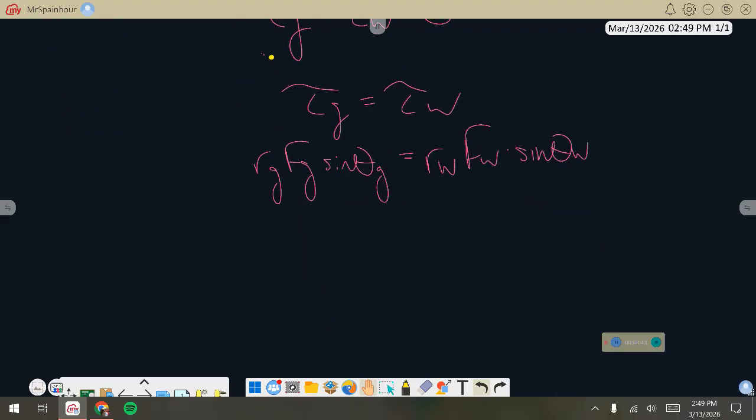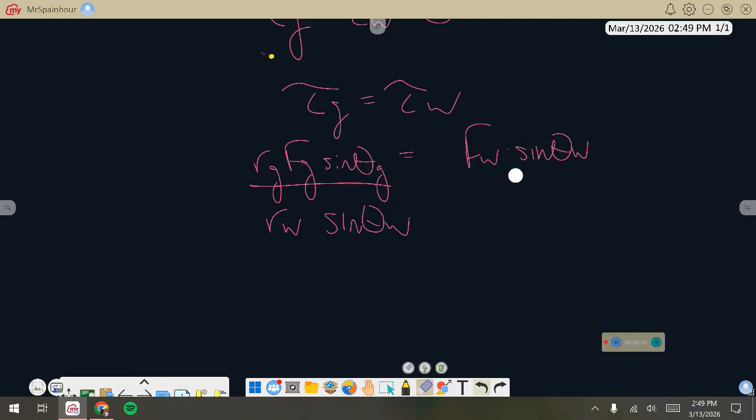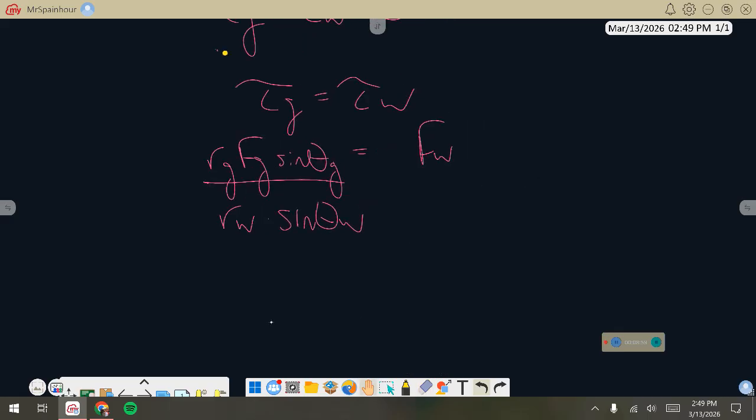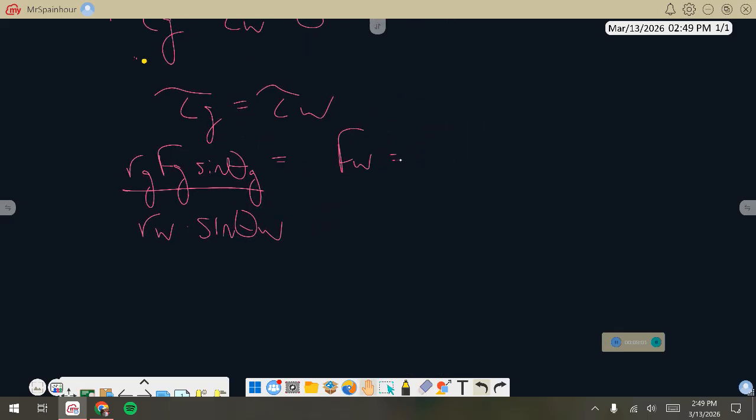Of course, algebra here is pretty easy. What do I need to do algebraically to get force of wall? Divide by lever arm of wall times sine theta of wall, and of course that would cancel these guys out over here. Now let's go ahead and plug our numbers in. What is the lever arm of gravity again? 0.85 meters.